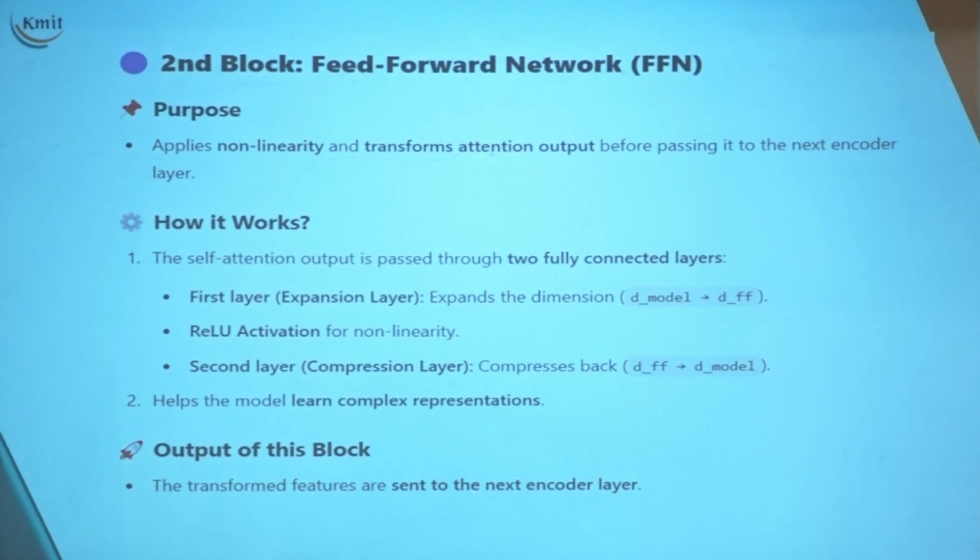And then we again give it to the second layer, which will compress. First one will expand, understand the meanings, and then second one will compress the data back. So hence the model will learn complex representations. So what is the output of this feed-forward neural network block? The transformed features which are ready to be given to the decoder block from the encoder.